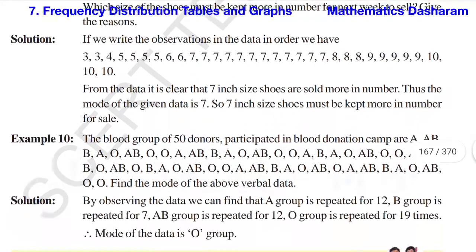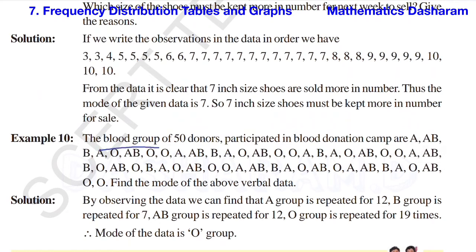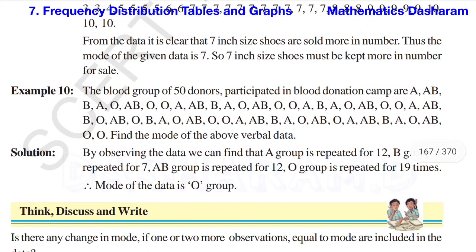Next example 10. The blood groups of 50 donors participated in a blood donation camp are A, AB, B, A, O, AB, like this total 50 blood groups given. Find the mode of the above verbal data.